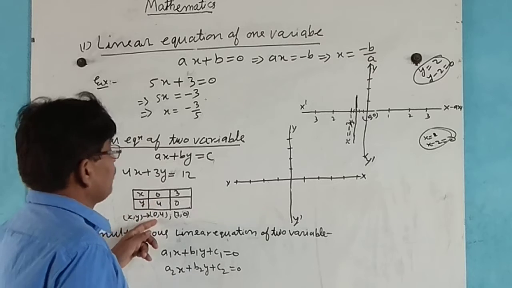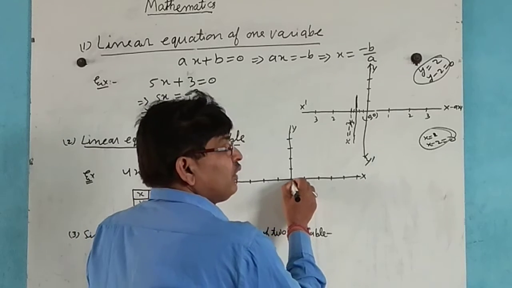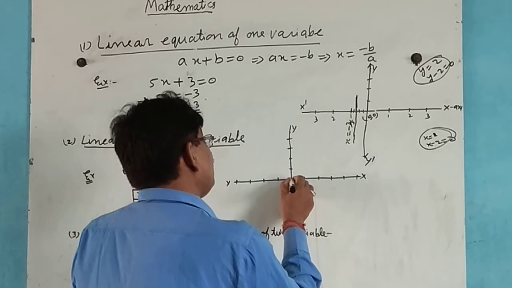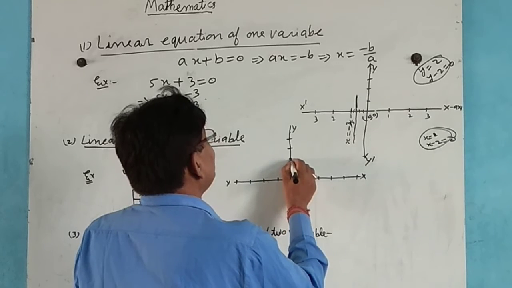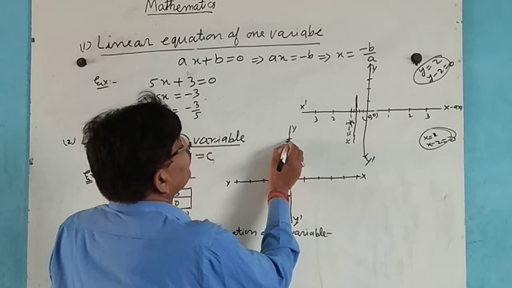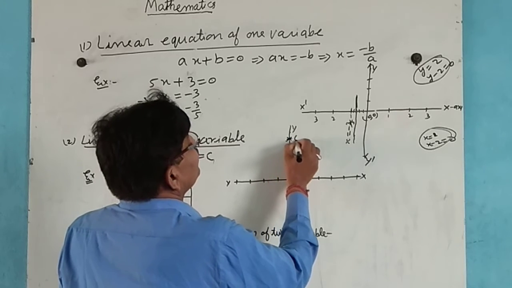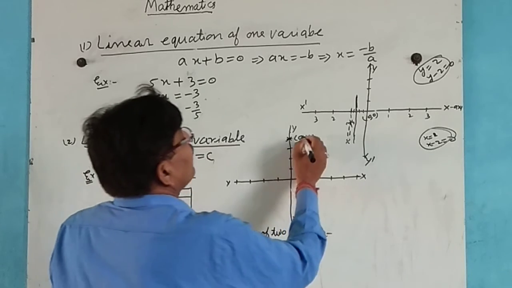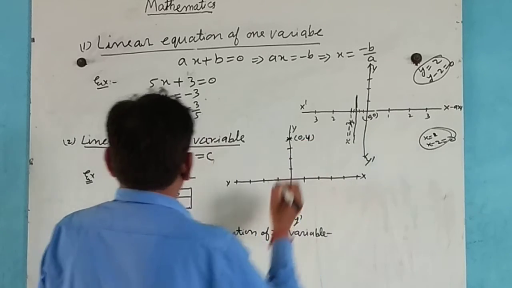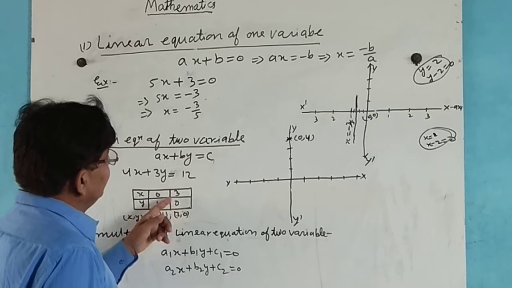Here this point is (0, 4). Now another point, (3, 0).